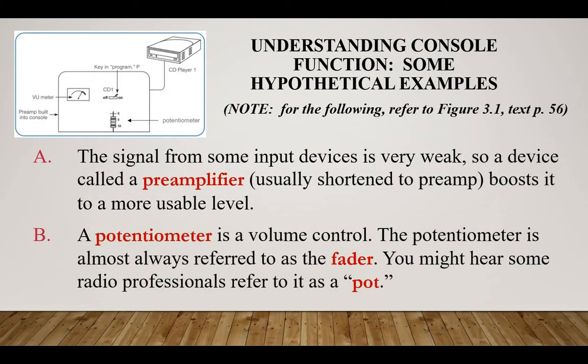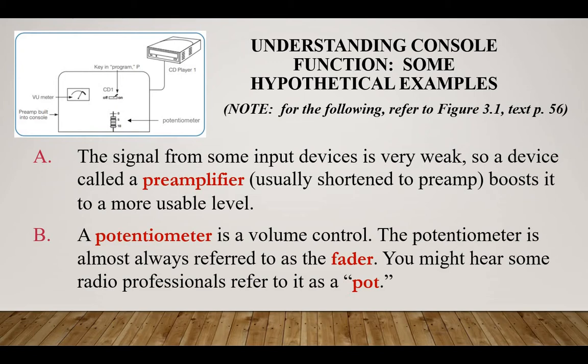Now, let's take a look at some of the console functions that you're going to encounter. For a lot of these discussions, you may want to refer to diagrams in your textbook to see some of the things that we're talking about. The signal from some input devices is very weak.